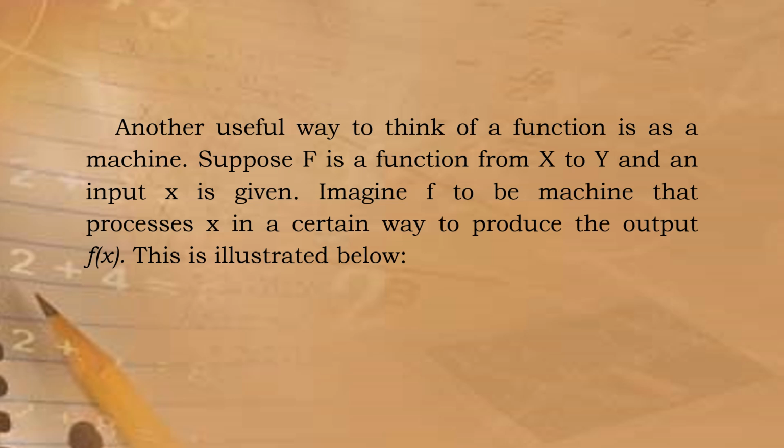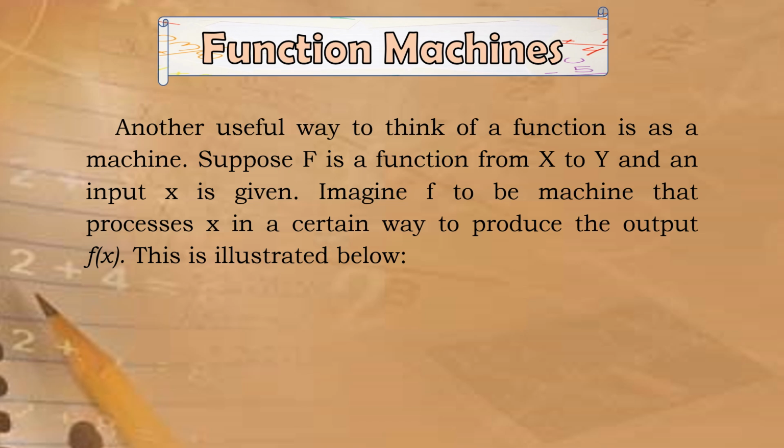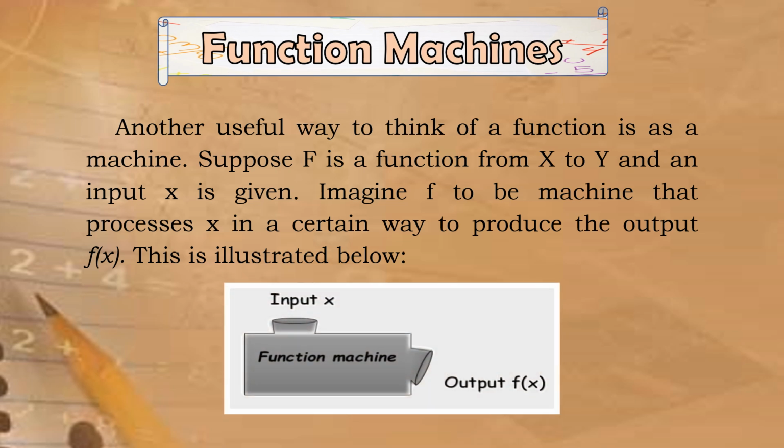This is illustrated below. So function machines like this one. So if we put something in a machine, there will be the dependent output, or f of x. Okay, f of x is considered y din, ha?